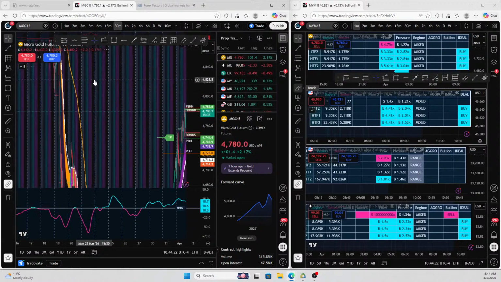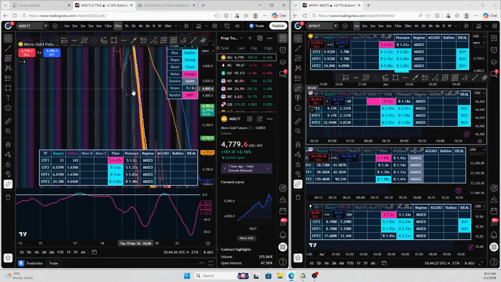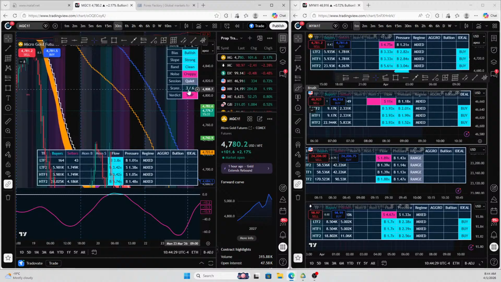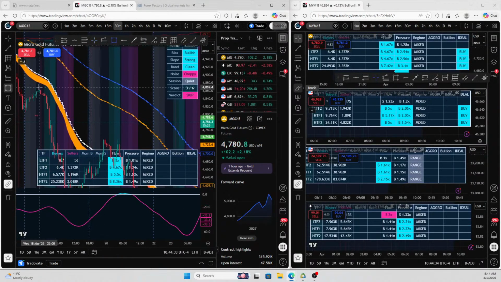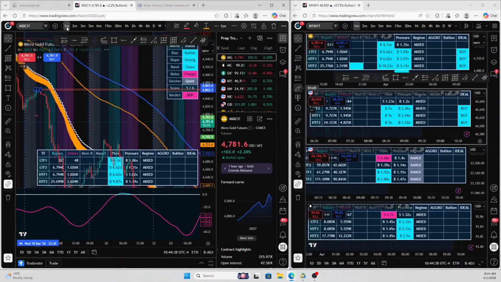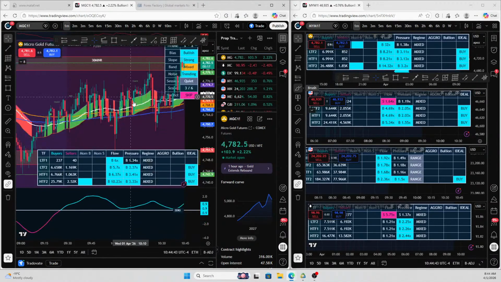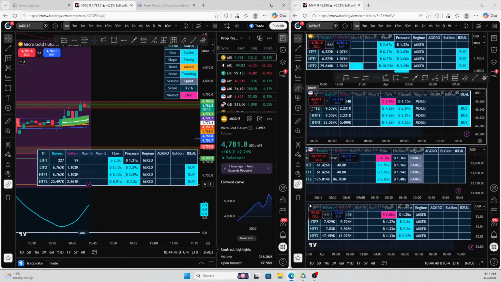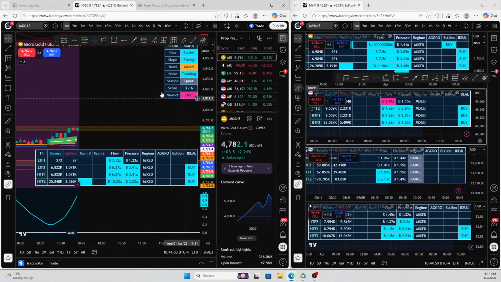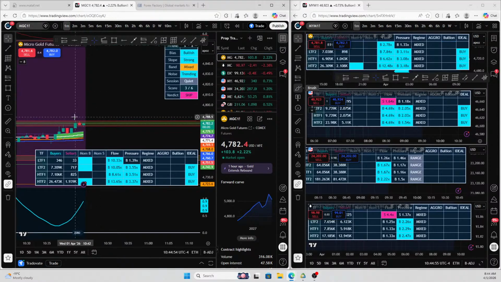The next level is going to be, oh, it's going to be pretty clean up to this level right here. So you might see 4862. So yeah, price is going to be pretty clean, and that's why it's taking some time, because if it's clean, it's going to just push to this next level right here.